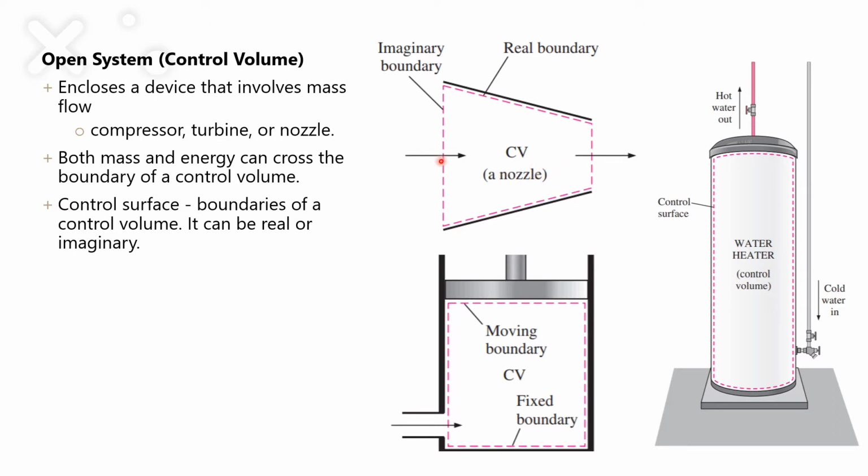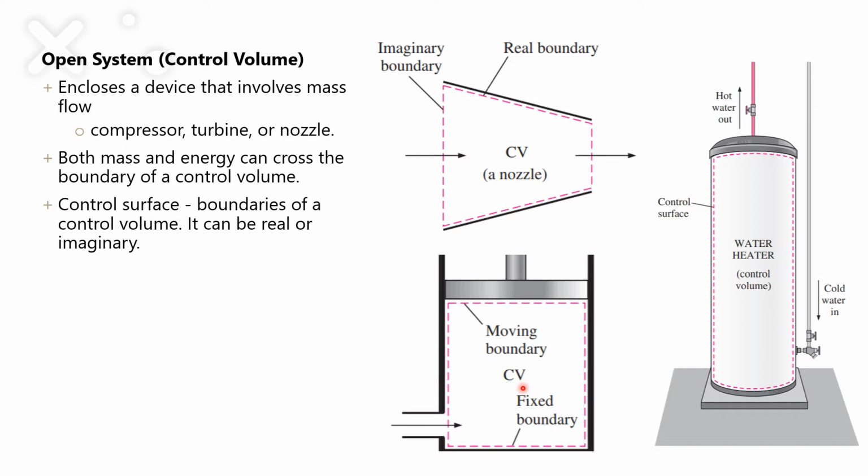In the case of a nozzle, the inner surface of the nozzle forms the real part of the boundary, and the entrance and exit areas form the imaginary part, since there are no physical surfaces. A control volume can be fixed in size and shape, as in the case of a nozzle, or it may involve a moving boundary as shown in this figure.